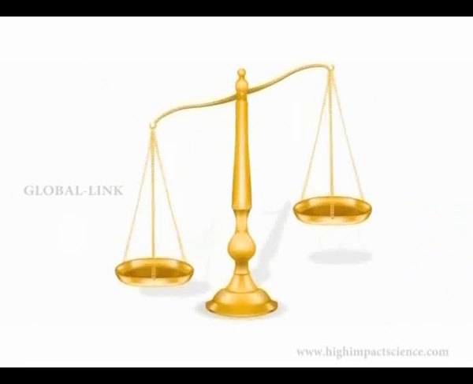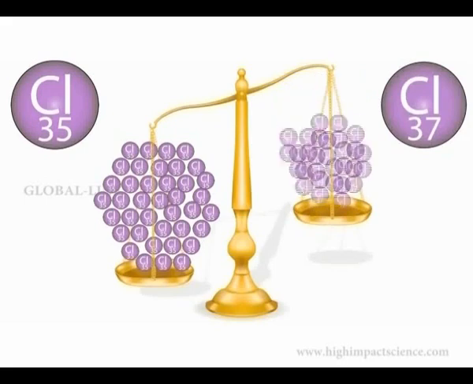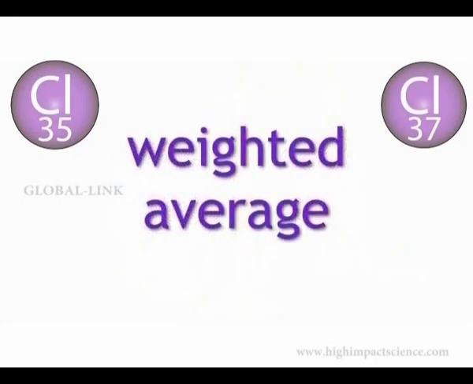We need to remember that we are talking about the number of atoms. There are a certain number of chlorine atoms with mass 35 and a certain number with mass 37. However, within a sample, the numbers of each isotope are not equal. So we take this into account when calculating the relative atomic mass, so that we calculate a weighted average.